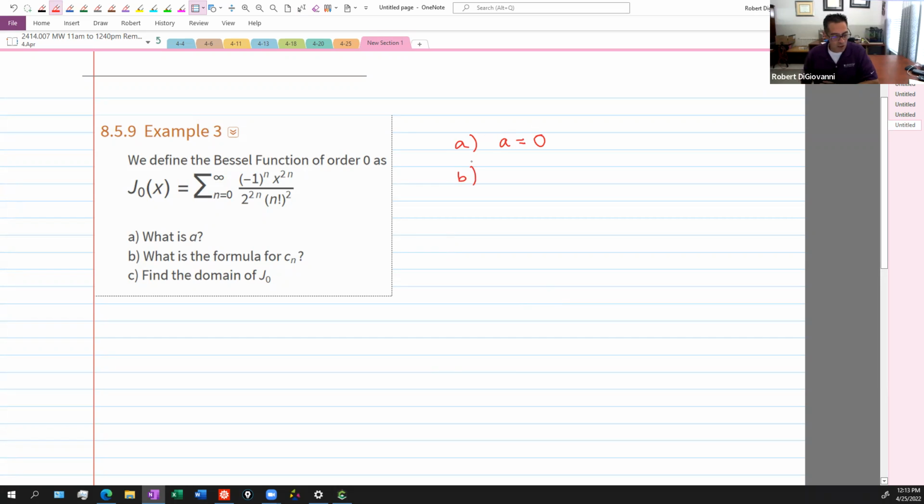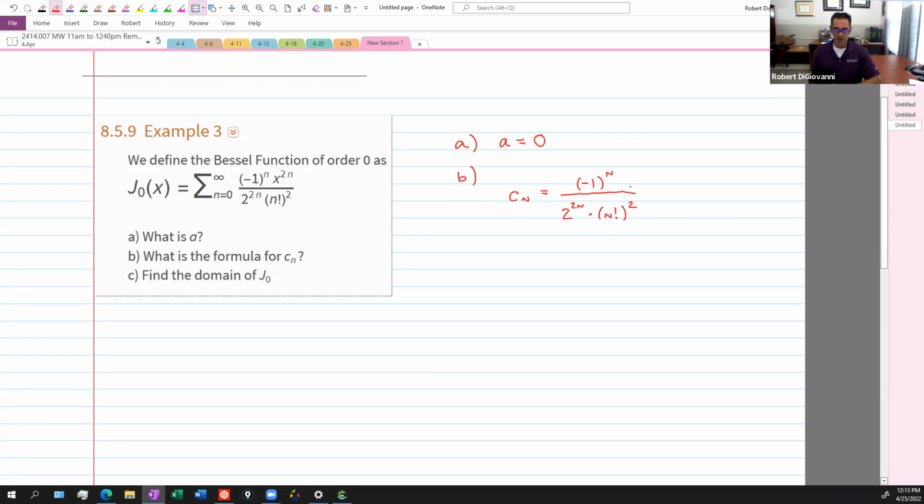Okay, what's the formula for C sub n? This one's complicated looking, right? It's everything that doesn't have the x in it. So it's -1 to the n over 2 to the 2n times n factorial squared.